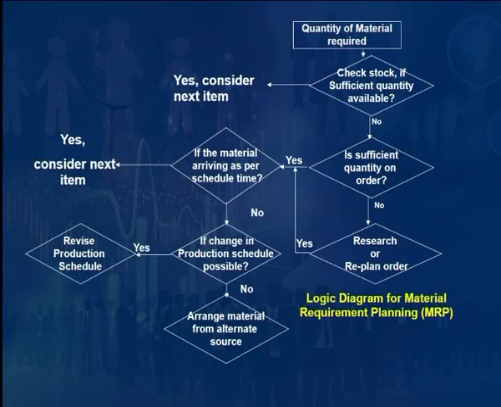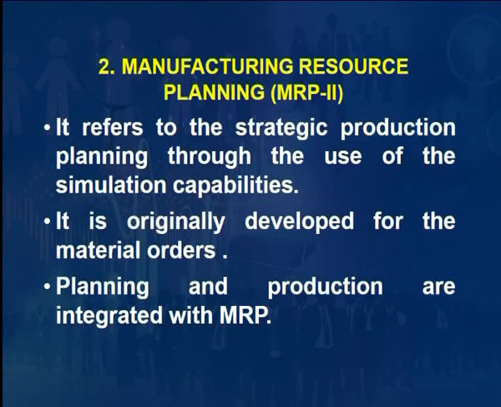Now we will be talking about another concept which is also called MRP, but this is manufacturing resource planning. Let us see from the slide. This is MRP2, because material requirement planning is also MRP and this is also MRP, so we call it MRP2.